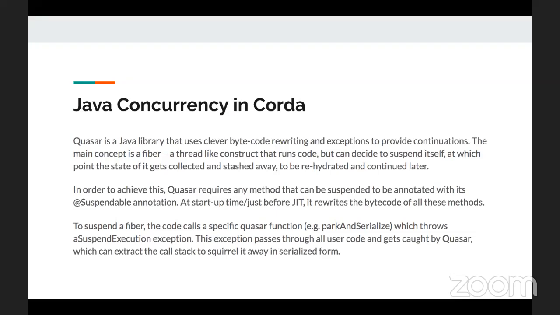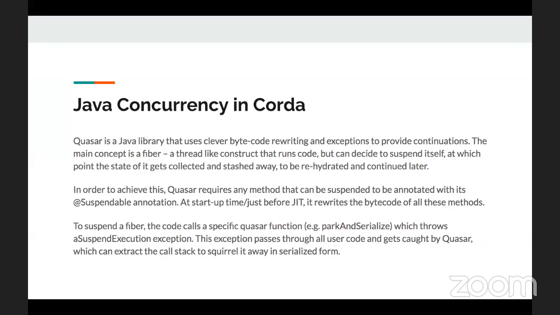The Java concurrency, and how we use Quasar, the Java library for concurrency. Every Corda construct can be suspended and then resumed later. So Corda uses the concept of fibers.